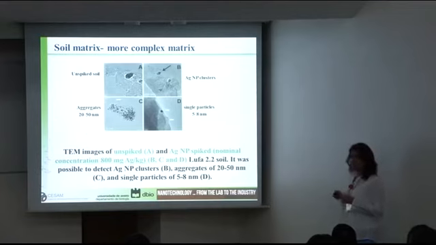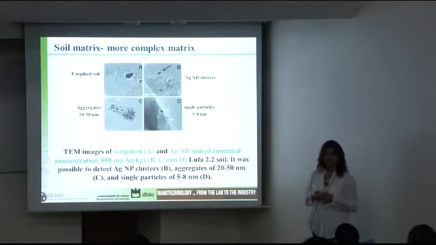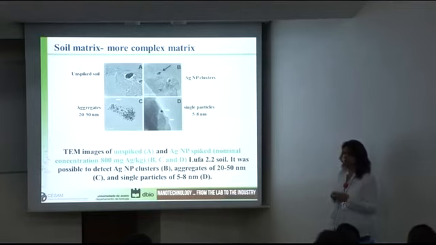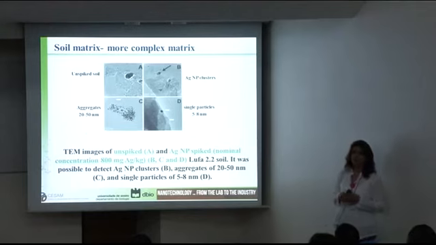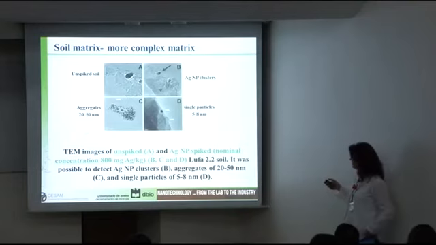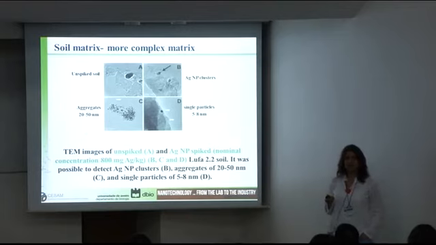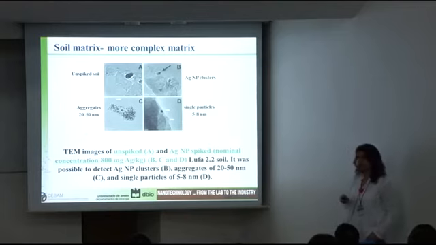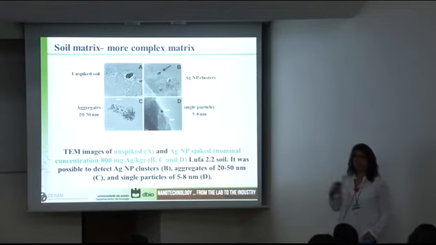The soil matrix, if we are evaluating soil, is very difficult because we are trying to see nanoparticles in a complex matrix. Here we could see some nanoparticles by extracting water from soil, but the water extracted from soil has a lot of components, so sometimes it's also difficult to detect their presence.